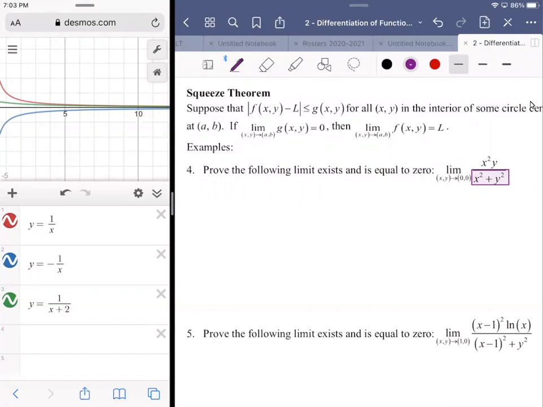And I'll just call this 1 over x squared plus y squared. Now that function, well, I'm writing it as an expression, but it represents a function, is in terms of two variables, so I can't graph it on Desmos. I could take a look at it on GeoGebra, but it's going to be messy anyway, so there's no point. What I want to do is establish a relationship, something that I know is true.